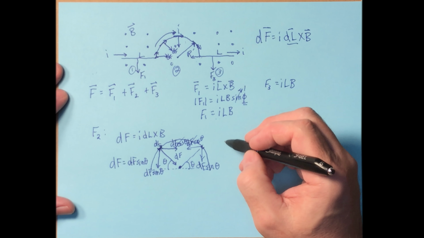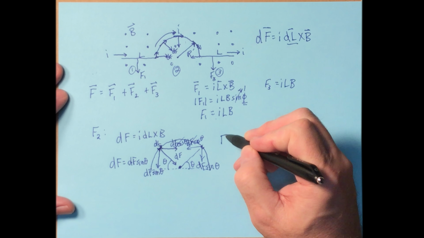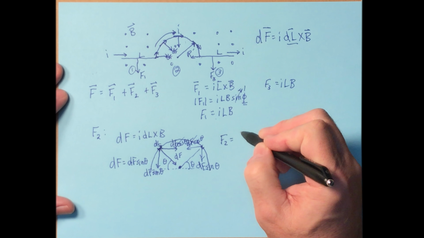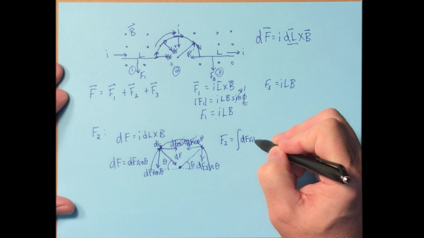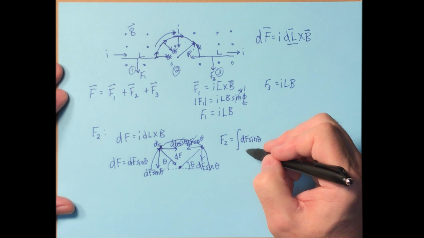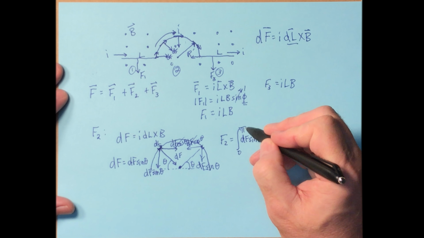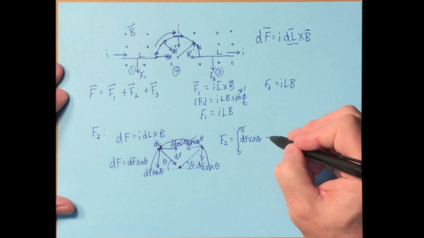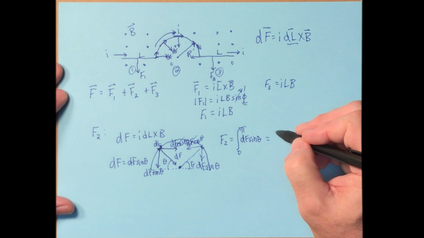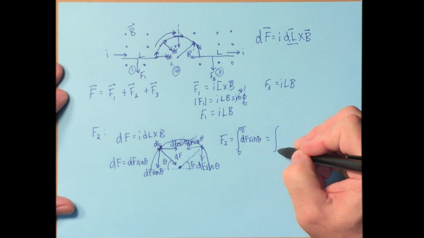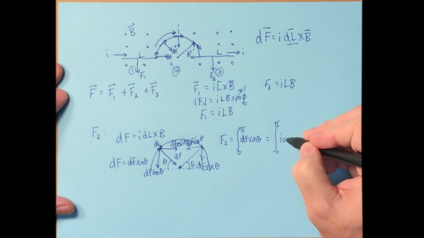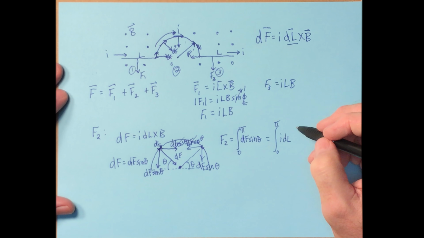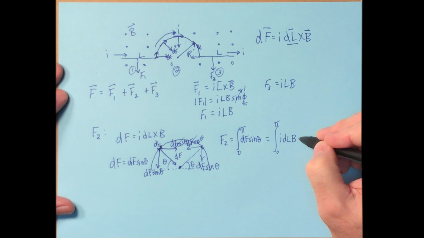Okay, so doing the calculation, F2 is the sum of all of the dF sine theta components going from 0 to pi. Now we can plug in for dF. That's going to be the integral from 0 to pi of I dL times B times the sine of theta.